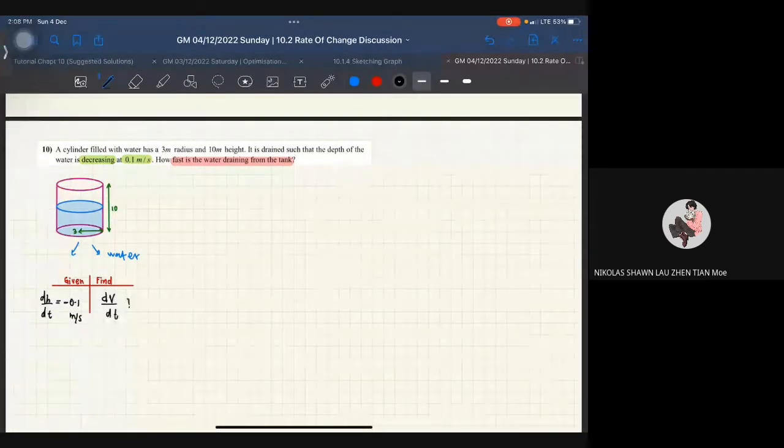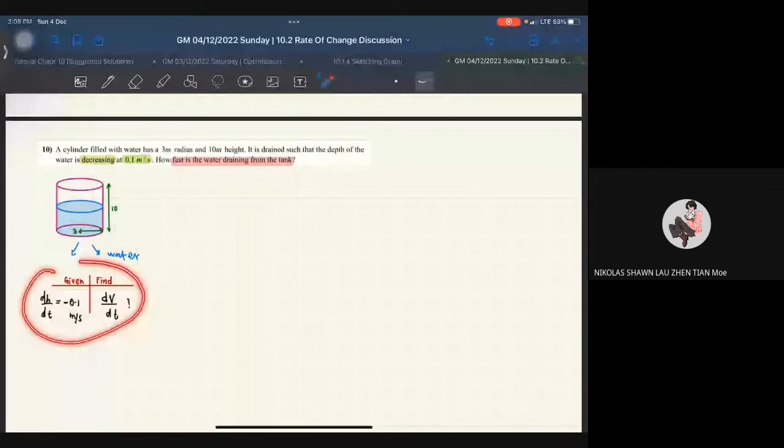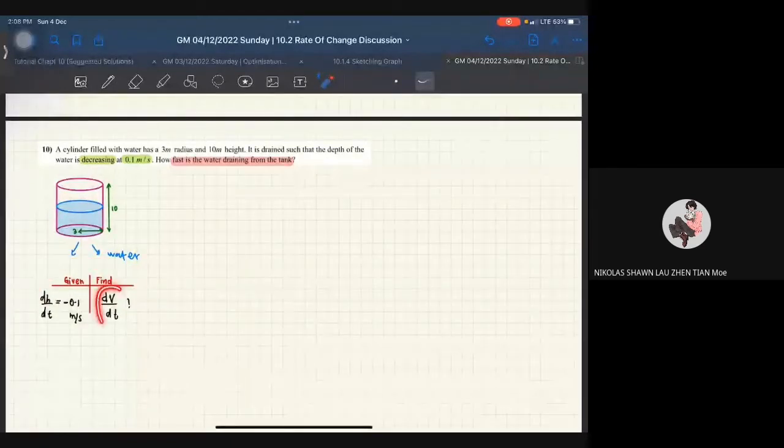Okay, so let us go to the second step. Okay, so the first step dah settle, we write the information given in what we want to find. Okay, so second step is creating a chain rule based on what you want to find. Okay, so you want to find dV over dt.